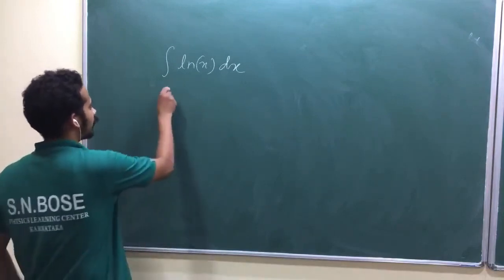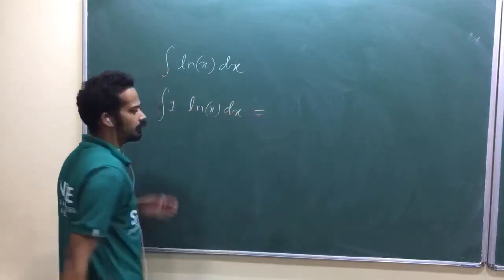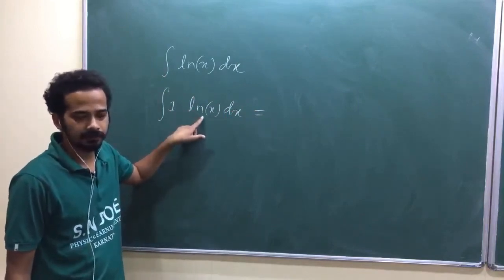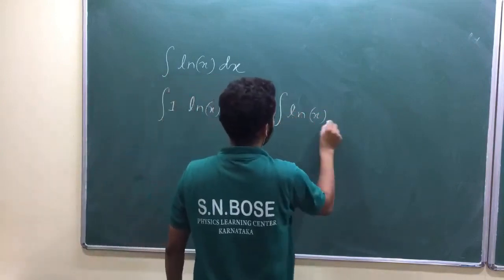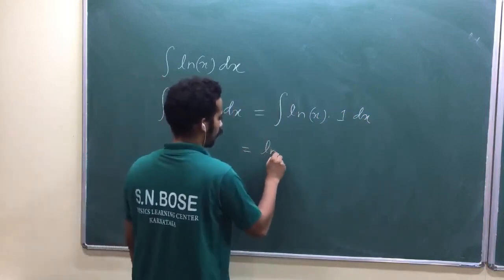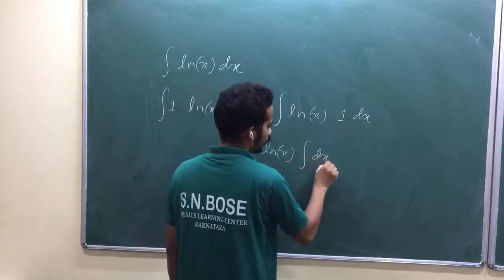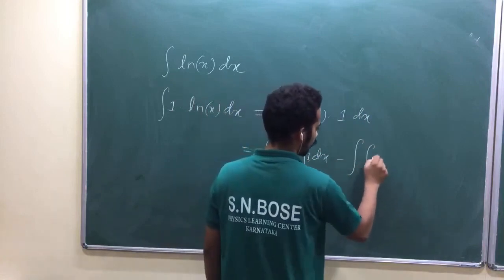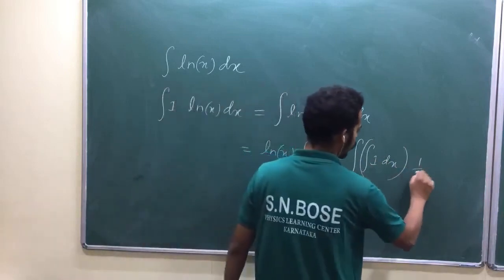So we should take it as 1 into log x dx, am I right? Which one should be taken as the first function? I think this one, because this should be differentiated. You have to write it as log x into 1 dx. Now look here: log x into integration of the second function, the second function being 1 dx, minus integration of 1 dx into differentiation of the first function, that is 1 by x dx.